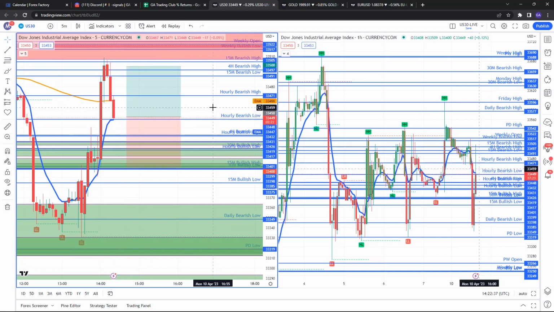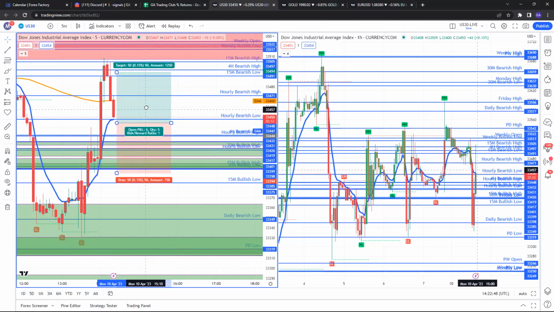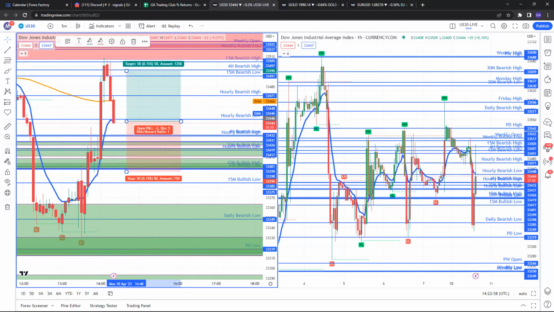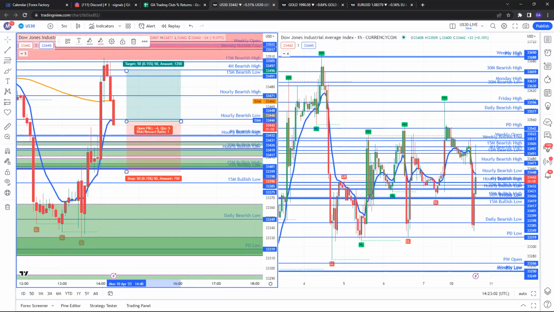So see, we do have an hourly bullish low. However, we do have some demand. I want to see how far this stop loss would go. Okay, yeah, so for this trade, I'm only entering if this candle closes above the 9 EMA, and I'll go ahead and risk 0.5% for that trade.